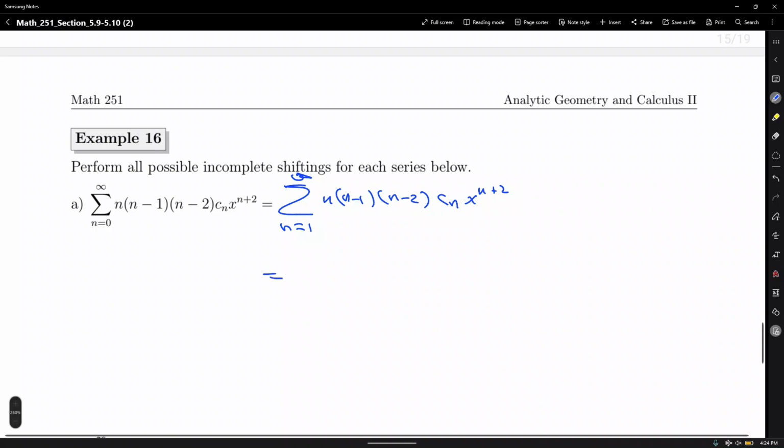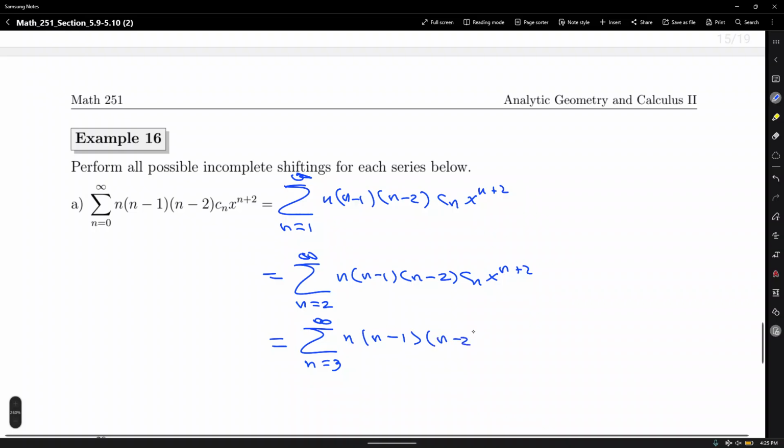Also, this is sigma n equals 2 to infinity, n times (n minus 1)(n minus 2), c sub n, x to the n plus 2. Okay, and then the next one would be 3, right? Sigma n equals 3 to infinity, n times (n minus 1)(n minus 2), c sub n, x to the n plus 2.